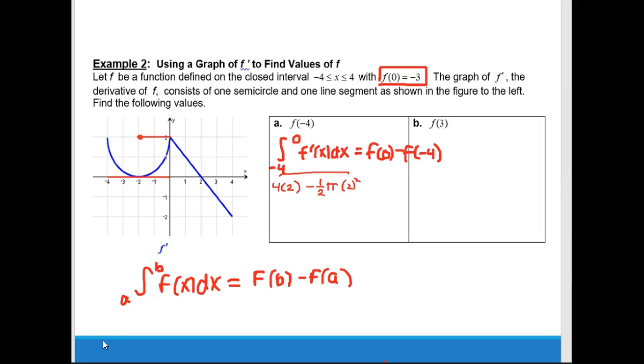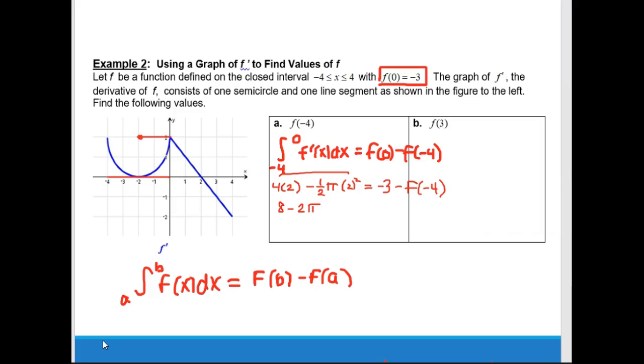So the left part of this equation is rectangle minus circle, divided by 2, since it's only the bottom half. So you get 8 minus 2 pi. And that equals f of 0, which was given to me, minus f of -4. So I can use that to solve for f of -4, which is what I was being asked for.